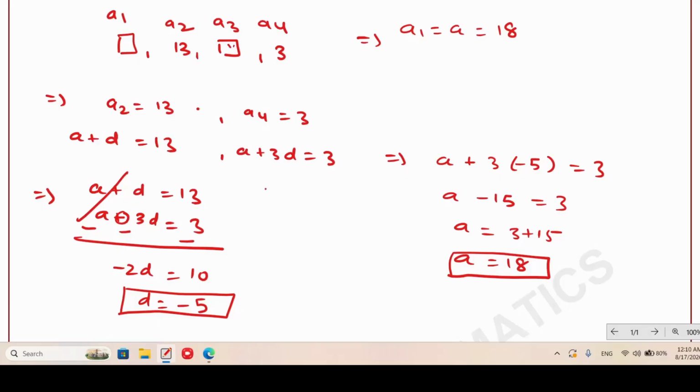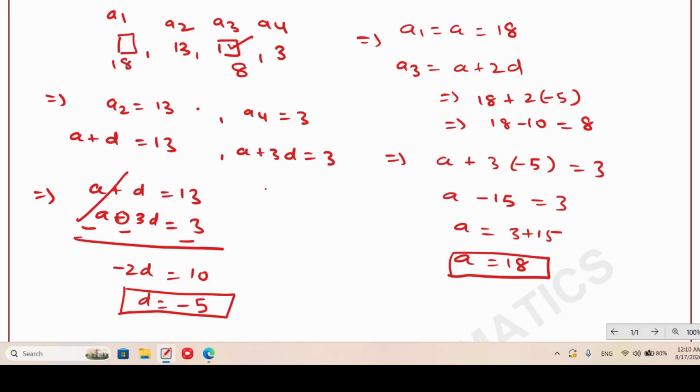Now we need to find A3. So A3 is equal to A plus 2D, which is 18 plus 2 into negative 5, that is 18 minus 10 equals 8. So this one is 8 and this one is 18.